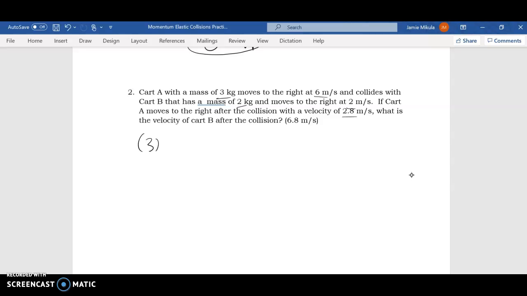So 3, this is all before, times 6 plus 2 times 2 equals 3 times 2.8 plus 2 times V2F. All right, so 3 times 6 is 18. This is 4.